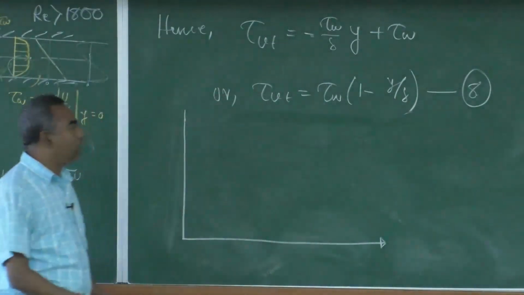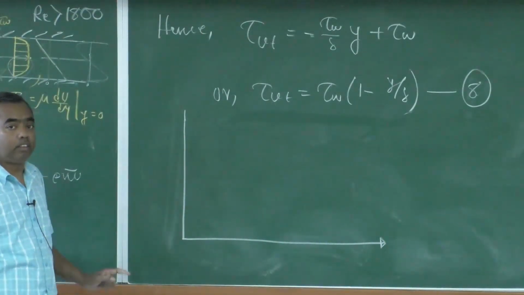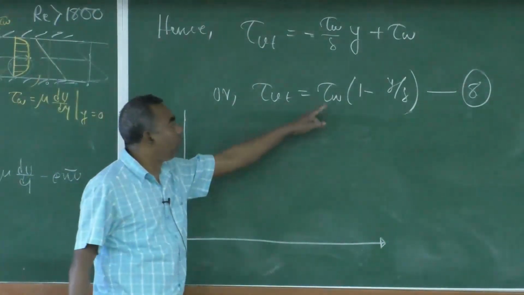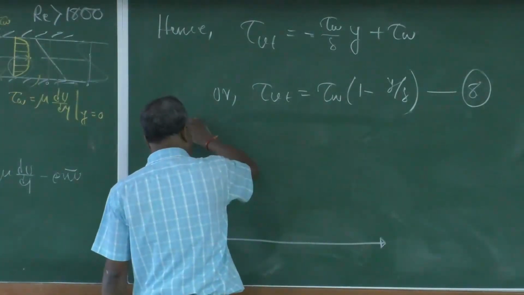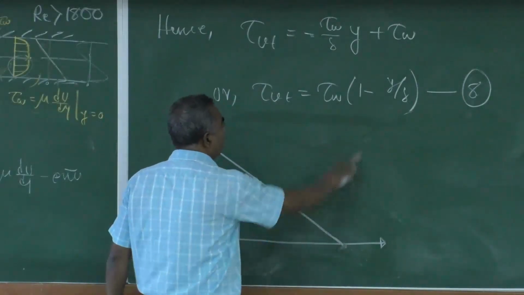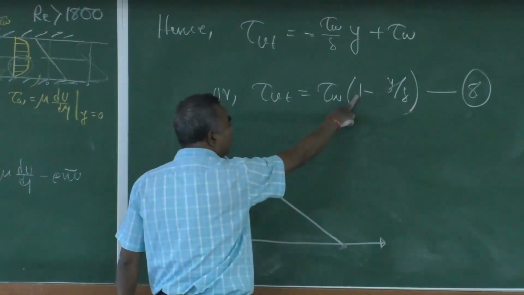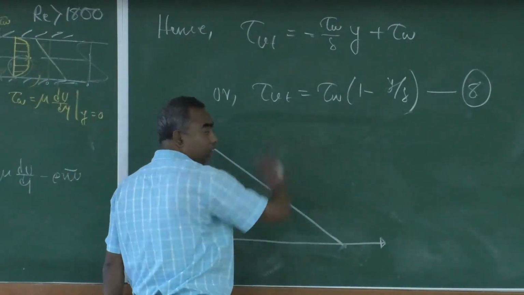Of course, from this particular equation 8, one can see it is just a linear function. For a given tau_w, it is linear in y, right. So, it is just a straight line till y by delta is equal to 1, at which tau_t should be 0 as per this equation.